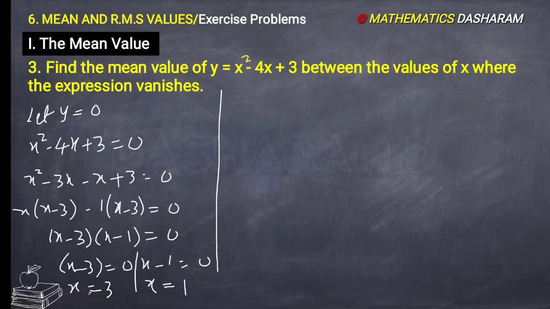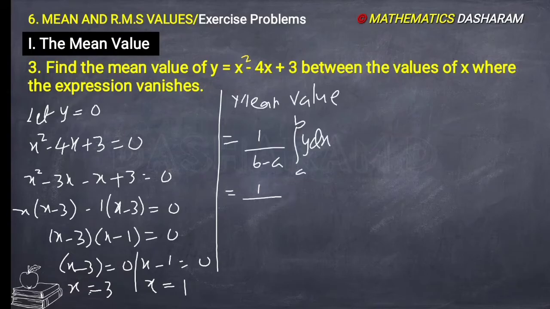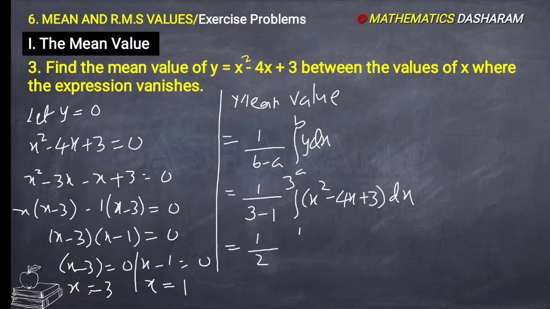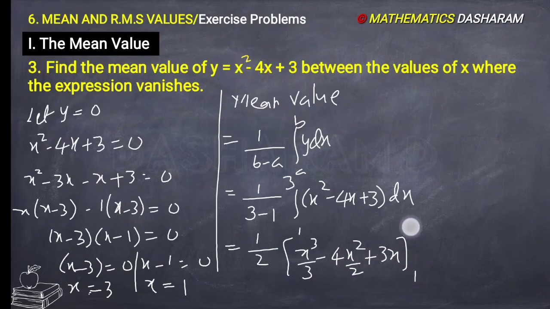Now the mean value formula is 1 by b minus a integration a to b y dx. So the b value is 3 and the a value is 1, integration 1 to 3. Y means x square minus 4x plus 3 whole dx. 1 by 3 minus 1 is 2, and integration of x square is x cube by 3 minus 4 into x square by 2 plus 3x, and the limits are 1 to 3.